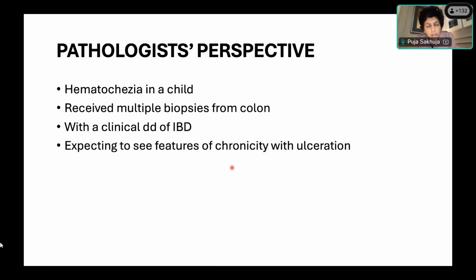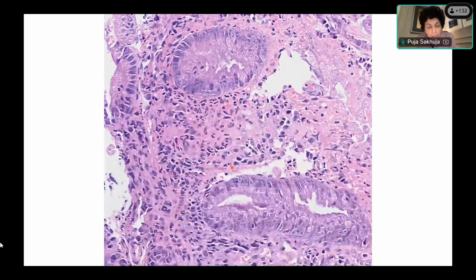So we are not finding the classical features of IBD. Instead, we have seen amoebiasis in this, right? But there's a lot of acute inflammation and ulceration. That can occur in amoebiasis, that can occur in IBD, but we do not have the classical features of IBD.